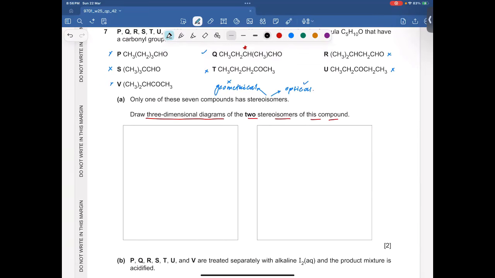So let me write. This is carbon, and to get the mirror image, I'm going to put CH2CH3 here.